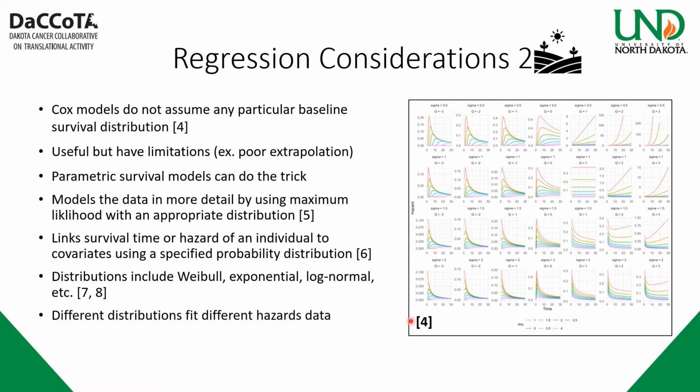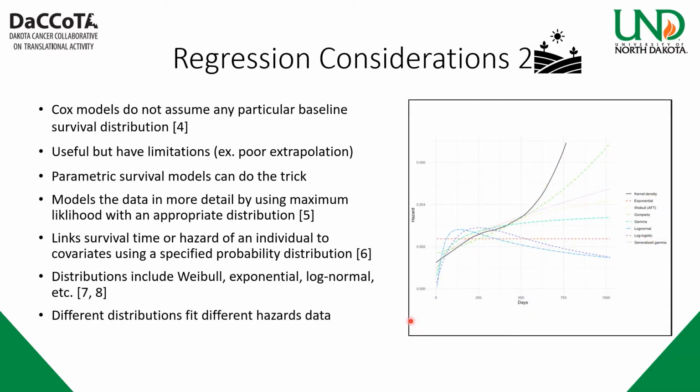And again, because different distributions fit different hazards data. So this is another great example where we have what's called the kernel density. It's just the estimate of what the data tells us the distribution is, and this is fitted with a variety of different distributions. And what we can see here is that some do a very terrible job, like the exponential, of fitting this density, while others, most notably the Gompertz here in green, do a reasonable job.